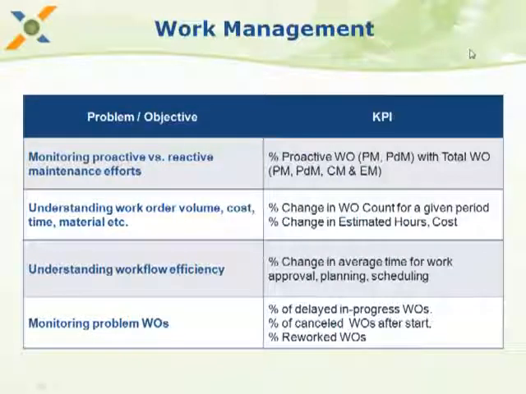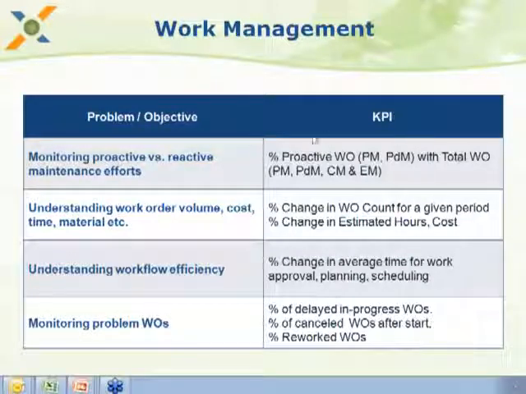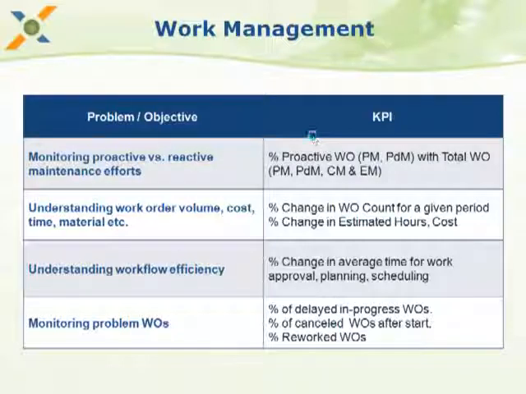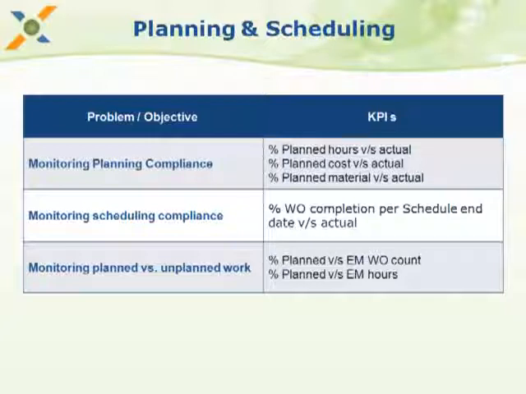So similarly, we want to track work orders which required rework. If we want to address planning and scheduling, we can have KPIs related to planning compliance, percentage planned hours versus actual, planned cost versus actual.